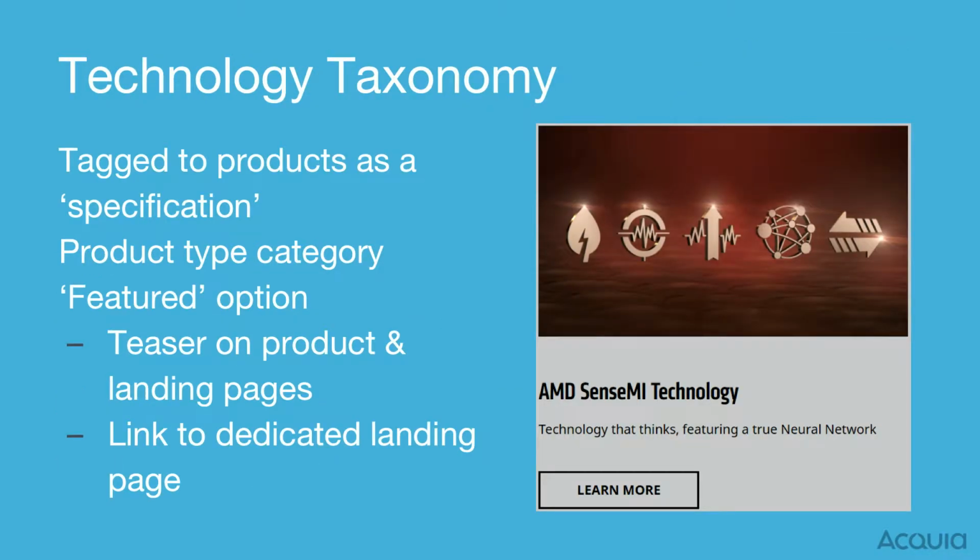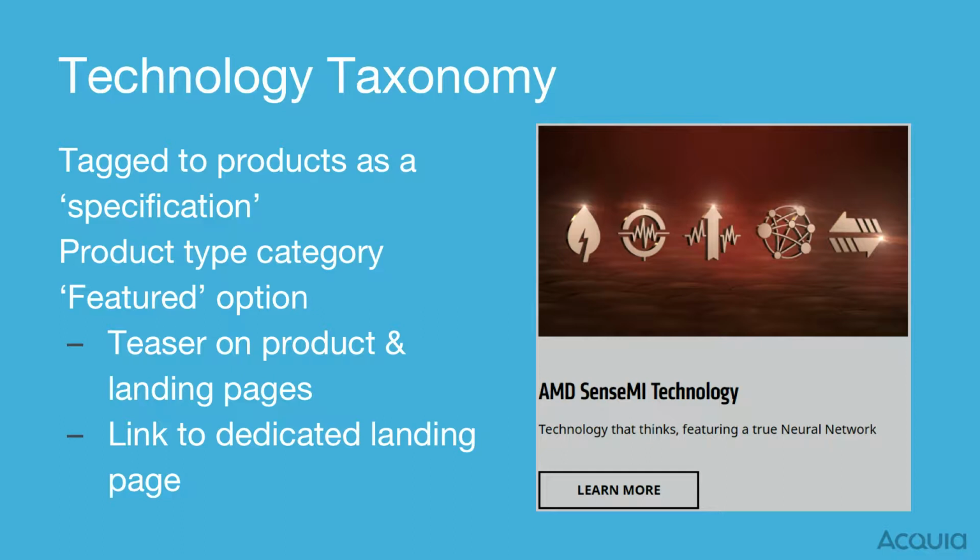The other taxonomy that we're using heavily is the technology taxonomy. This isn't so much a categorization as it is a sort of content folder. We take a product, and all of the different technologies that product supports get tagged via taxonomy.